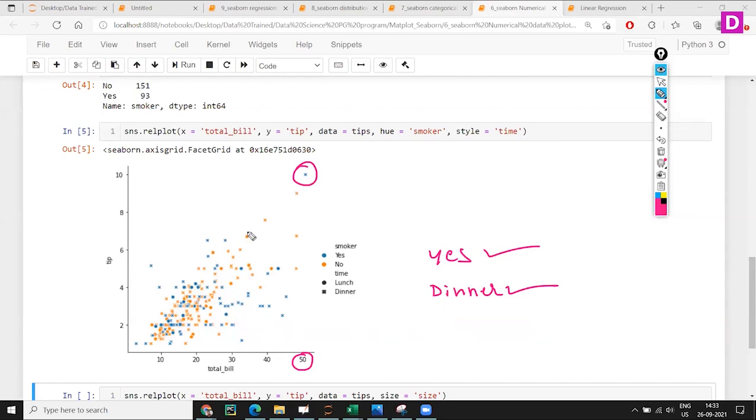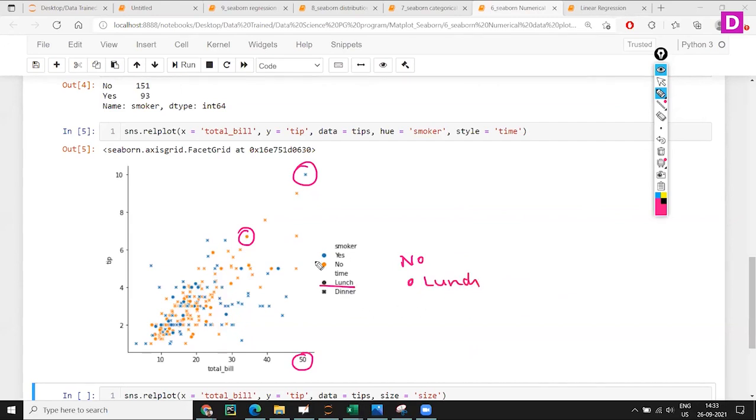If I talk about this circle, this is orange, right? Orange is basically no, meaning he or she is a non-smoker. And what is this style? This is basically lunch, lunchtime.